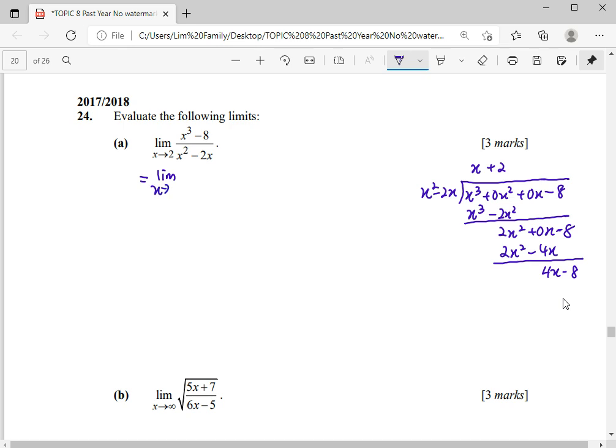So after we have done our long division, we can write our function in the form of quotient, which is x plus 2, and then plus the remainder, 4x minus 8 over x squared minus 2x. You can notice here, we can factorize some more.